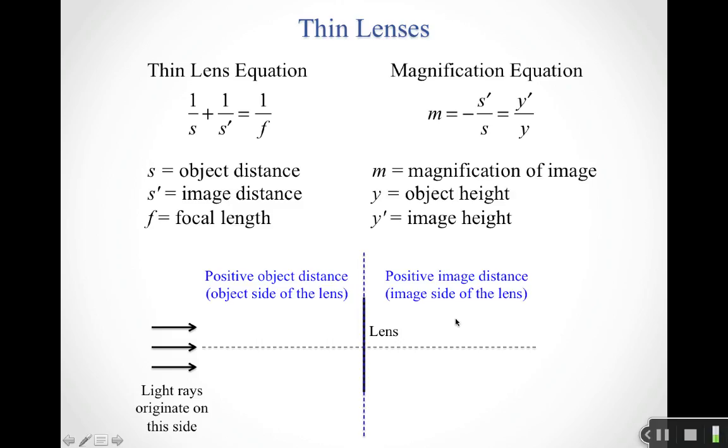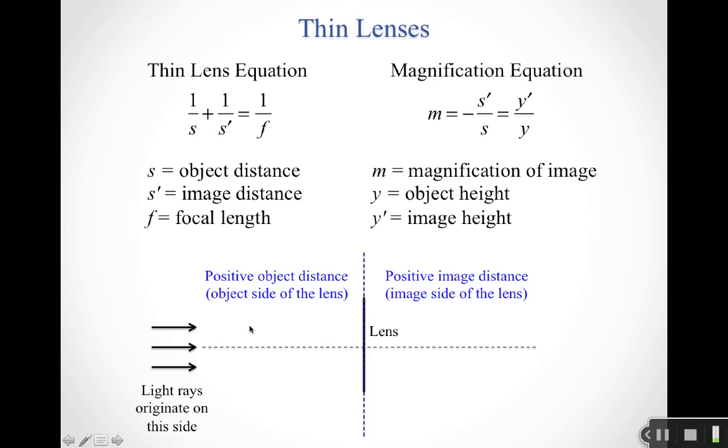If the object happens to be over here, which could be the case if we have multiple lenses, when we start putting multiple lenses together, you could have a situation where the image of your first lens becomes the object of your second lens, and in that case you could have an object that's on what we would think of as the wrong side of the lens, and then the object distance would be negative. But almost always we're going to have positive object distances because we're going to have our object on the same side of the lens where the light's coming from.